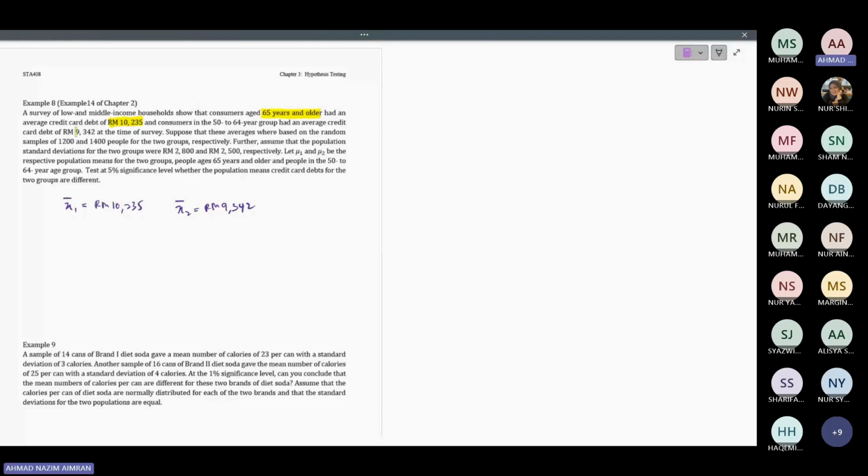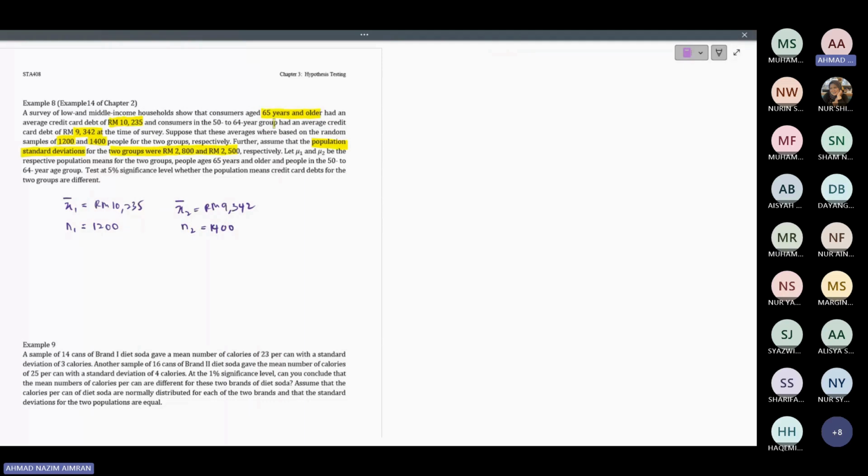Suppose that these averages were based on random samples of 1,200 and 1,400 people for the two groups respectively. So n1 is 1,200 and n2 is 1,400 people. Further, assume that the population standard deviations for the two groups were 2,800 ringgit and 2,500 ringgit.